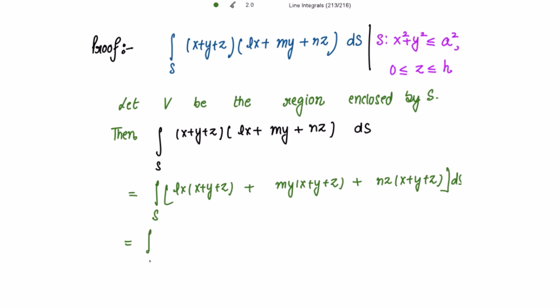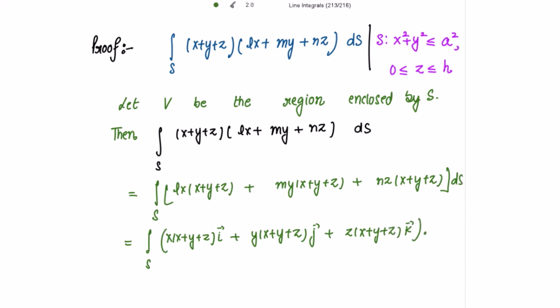So this is equal to the surface integral of, can I write this as the dot product of x into (x plus y plus z) i vector plus y into (x plus y plus z) j vector plus z into (x plus y plus z) k vector, and its dot product with l i vector plus m j vector plus n k vector, dS.